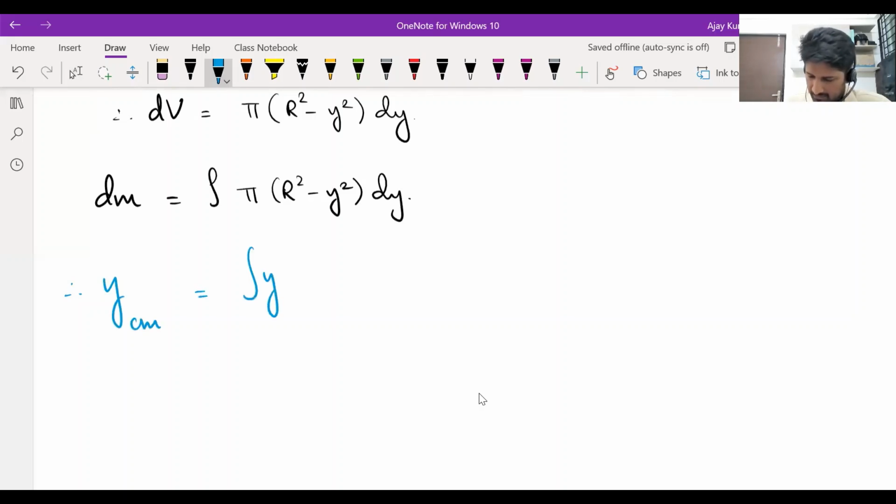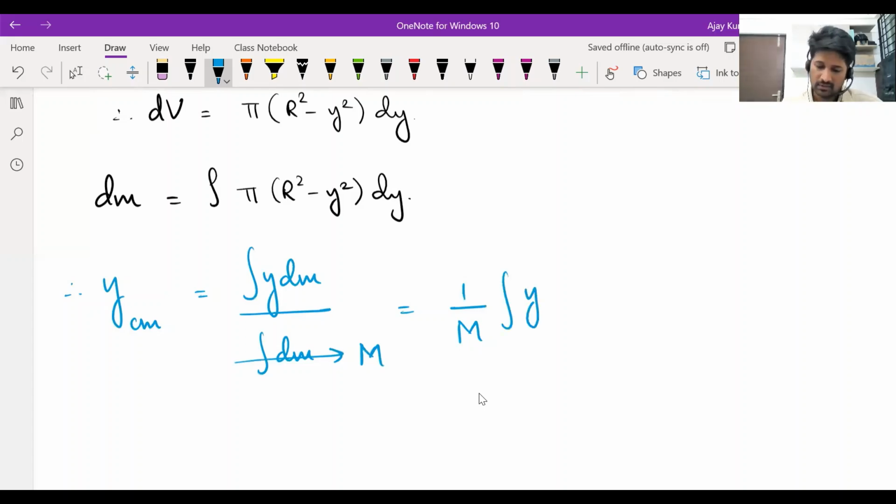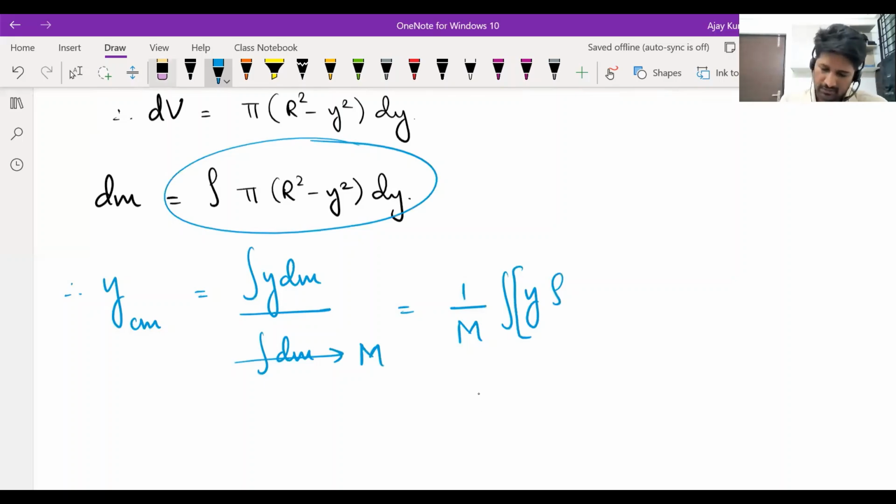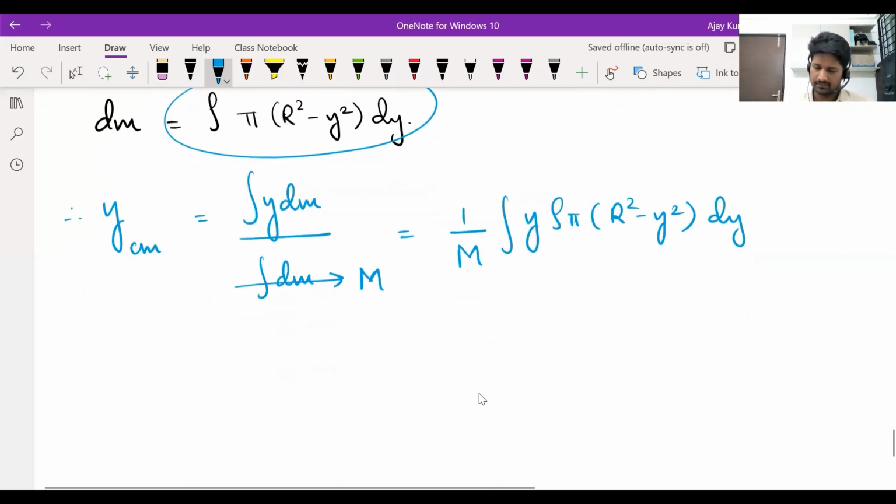Integral y dm divided by integral dm. Integral dm will be the total mass. So 1 by m integral y dm. Y into dm is this whole thing: density multiplied with pi multiplied with r square minus y square dy. We'll split this into two integrals because there's a minus sign in between.